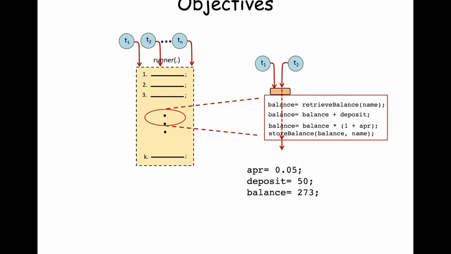And so if we have thread 1 running, we get our balance of 210 after we compound the interest and add the deposit. And then after that, thread 2 goes through and adds the deposit. So that's 260. Compound the interest makes it 273. And this is the correct status of this particular balance variable in the critical section.